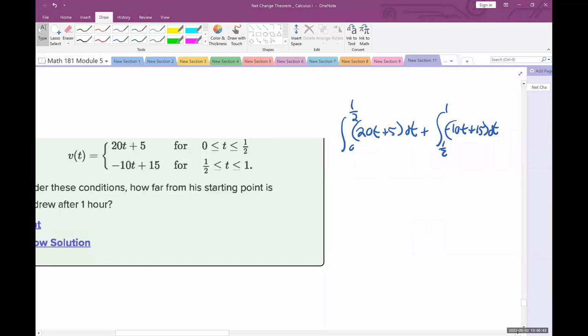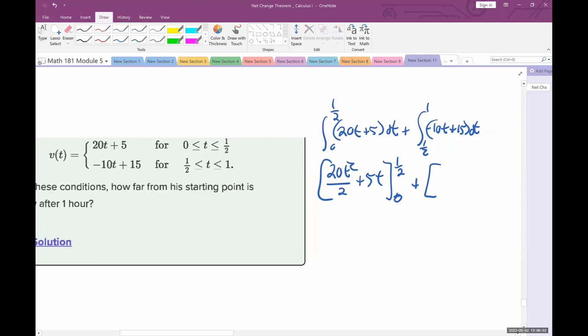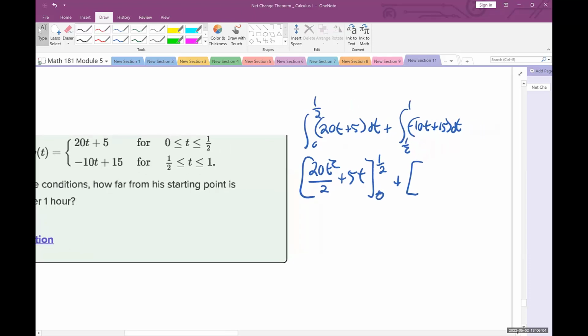What's the antiderivative of 20t? 20t squared over 2. Good. Plus 5t. We evaluate that from 0 to 1/2. And then negative 10t plus 15.